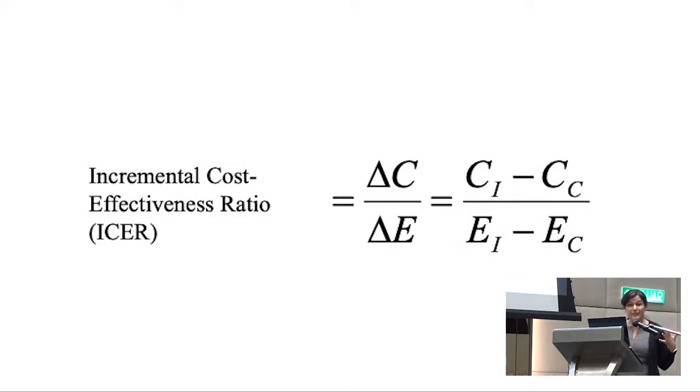If we look at that intervention in a vacuum, we might determine that it's something worth pursuing. But if we compare it with a less expensive intervention with slightly worse effectiveness, we might actually choose to forego that more costly intervention.